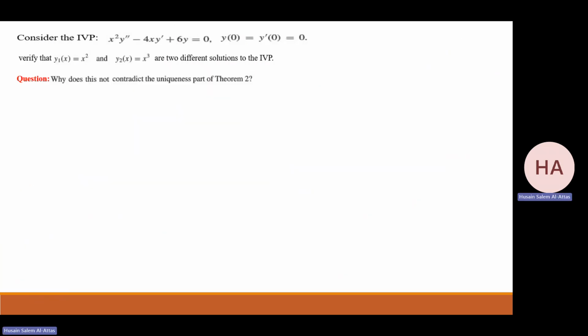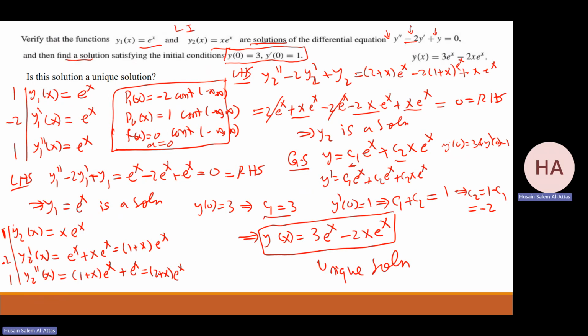Okay. Consider this initial value problem. Verify that y1 equals x squared and y2 equals x cubed are two different solutions. And they are different. By the way, if we take each solution alone, they will not satisfy the initial condition.